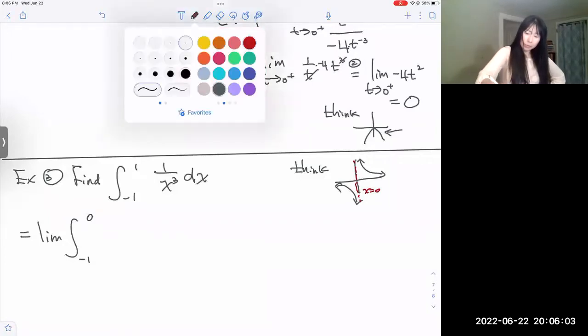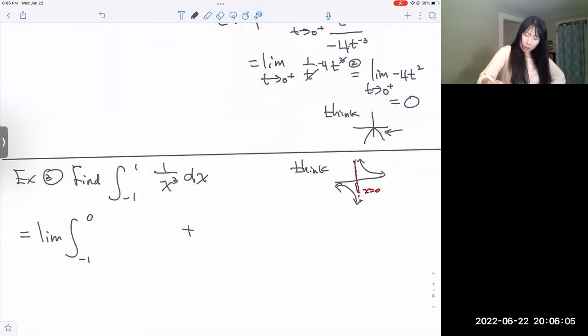All right. So we split this way, right? 0 to +1 and 1 over x to the 3rd power. It's better to write down the power, so x to the -3, then you know what this means, right?